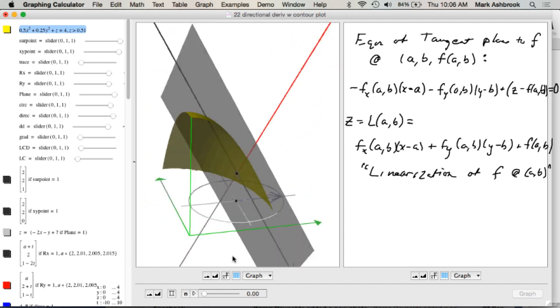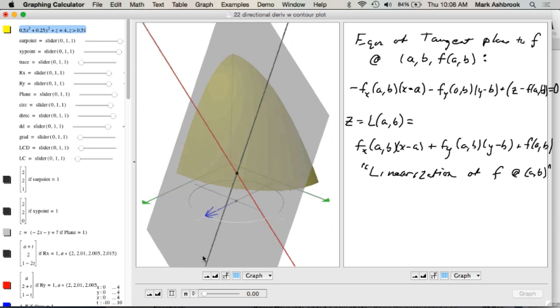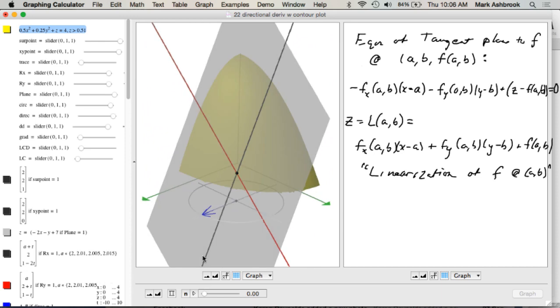So the equation of the tangent plane is like, in Calc 1, the equation of the tangent line to a curve. And we know that really close to the point of tangency, the line and the curve essentially have the same function values. It's the same thing here, it's just we have another dimension coming into it.